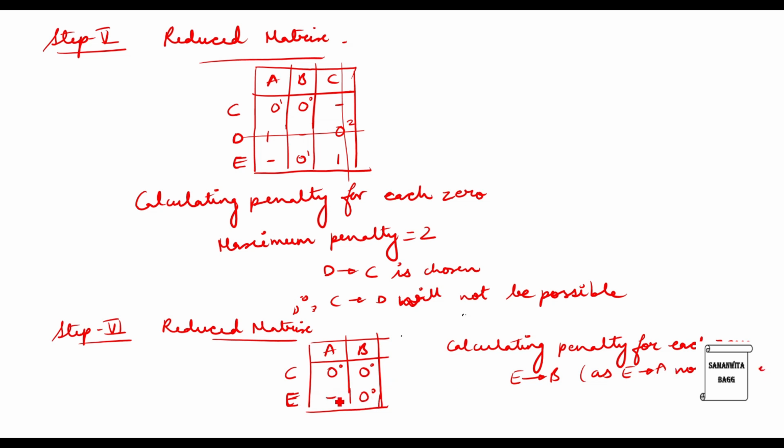So if I have allocated this way, what remains is C to A. That's the only value possible.